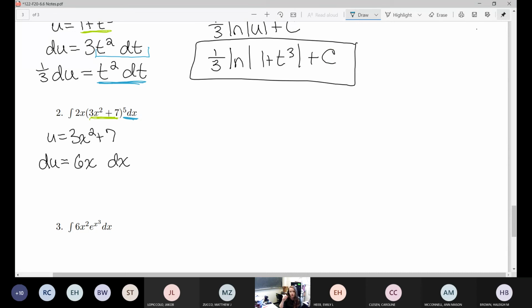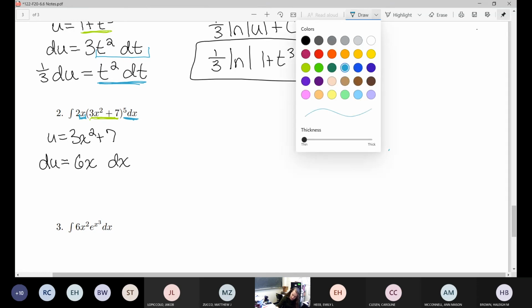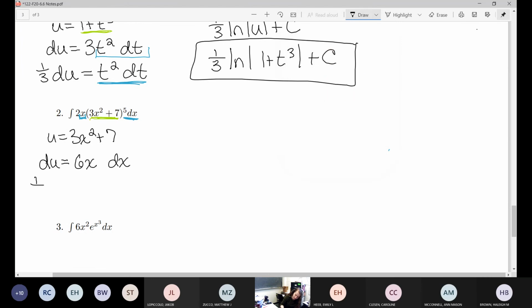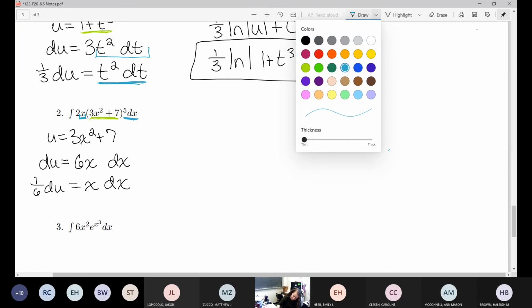Now I know that there's a 2 contained in the 6, and again, there's a bunch of different ways you could do this. You could rewrite that as 2 times 3x, and then just take the 2x and swing the 3 over to the other side. But what I'm going to do, just because it's as close to what I've been doing already, is I'm just going to take that 6 and move the 6 over to the other side. So I'm just going to have x dx.